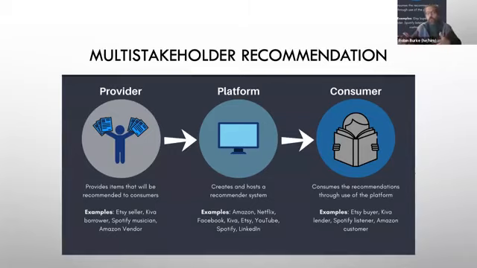And then there's the platform, so Spotify or Amazon.com, the site where those recommendations are going to happen. And then finally, the consumer that is getting those recommendations and deciding to act on them. And there may be concerns at all these different levels about how the system's results affects the different stakeholders, including fairness concerns.